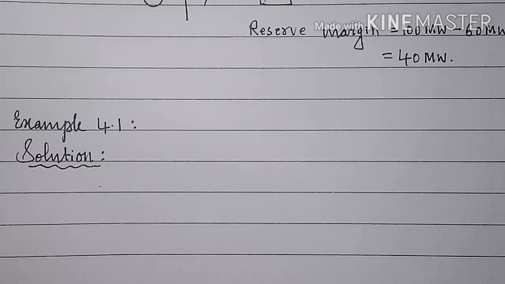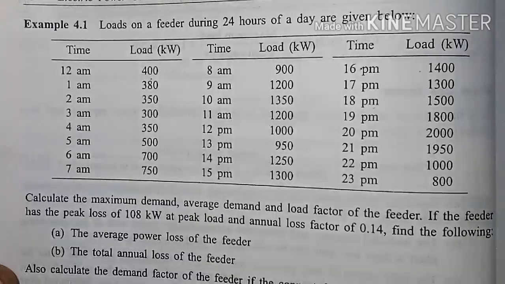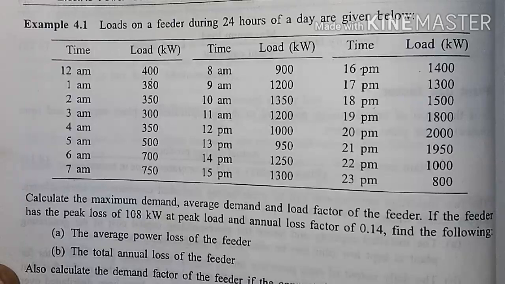Yes, now we will find the solution for this question. Looking at the given table here, we can come to know what is the maximum load during 24 hours on a feeder.